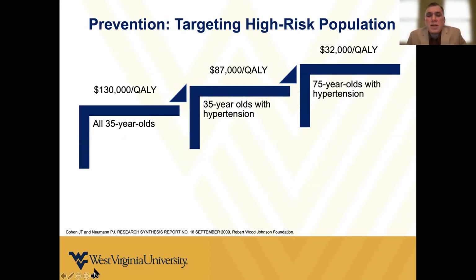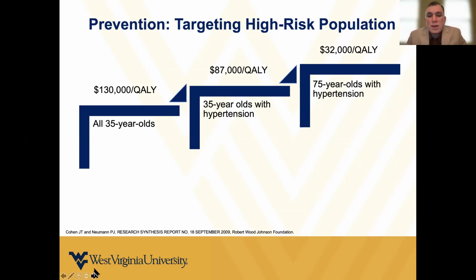But if you look at this cost-effectiveness ratio for different high-risk populations with diabetes, for 35-year-olds, the prevention cost-effectiveness ratio is around $130,000 per quality-adjusted life year. But for a 35-year-old with hypertension with diabetes, it's 87,000. And for a 75-year-old with hypertension with diabetes, it comes down to $32,000.